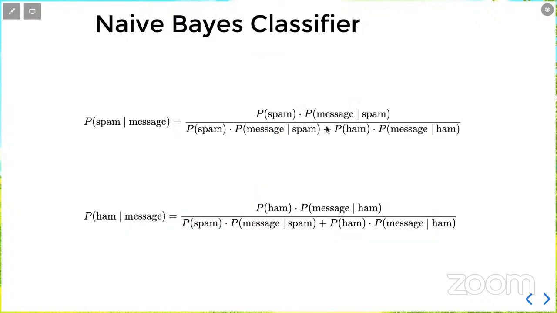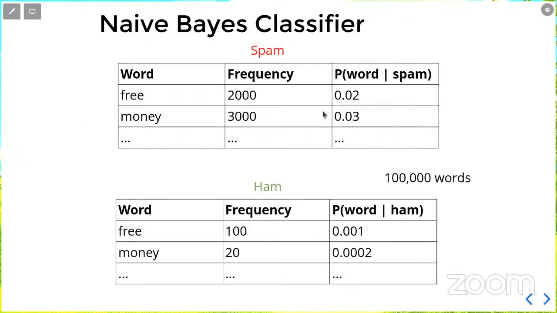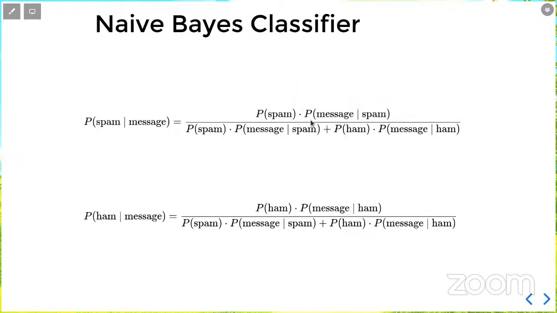Okay, so the part that is not clear is what are these probabilities, right? What is P of spam? What is P of message given spam? So the way you do that is, P of spam is the prior, right? Typically the prior we get from the data.